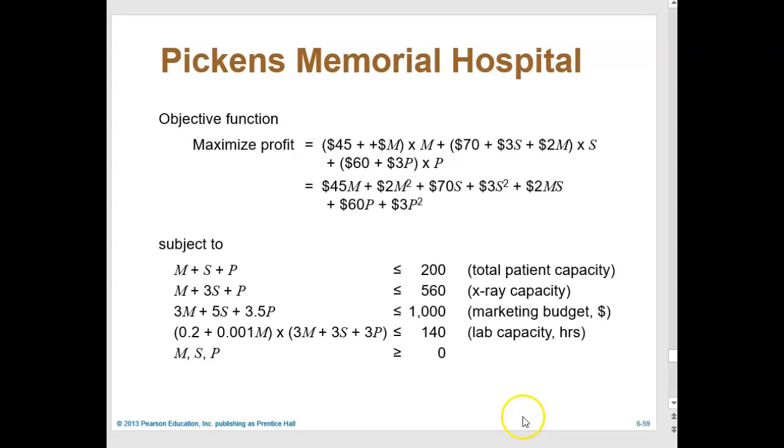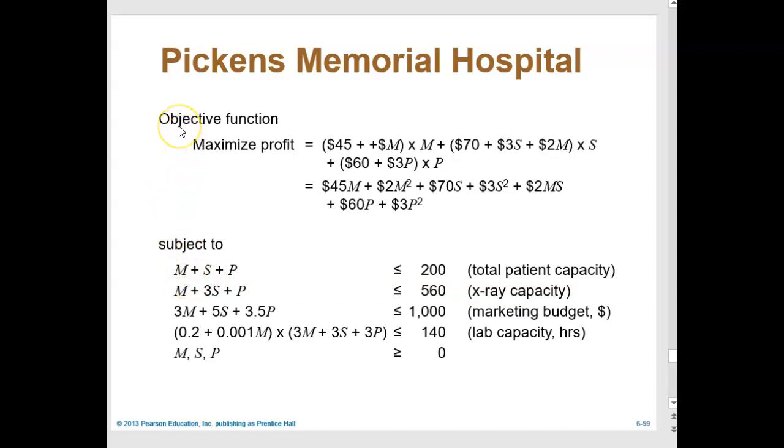So obviously we've already decided what the decision variables are going to be. They're represented by M, S, and P, where each letter represents the number of patients in that respective category.